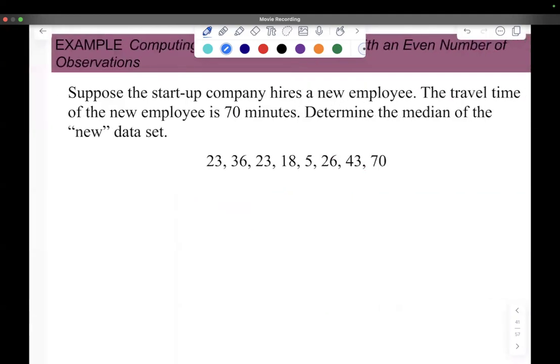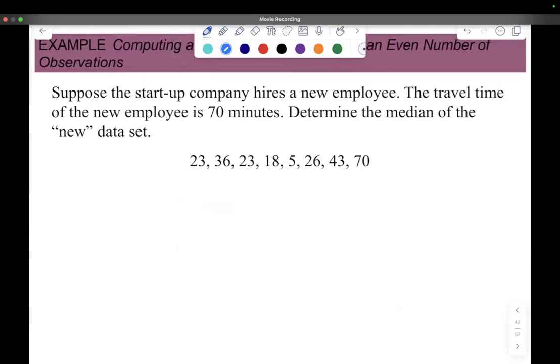All right. So a new employee arrived at this company, and they have a 70-minute travel time. So now I'm going to rearrange these once again, smallest to largest.